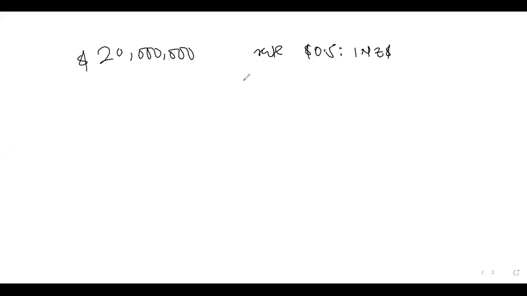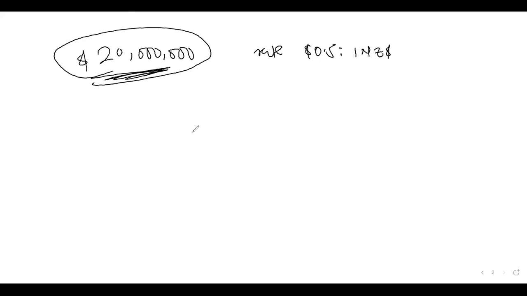We can't multiply because, listen, we have $20 million. The rate is 0.5 US dollars is to 1 New Zealand dollar. Assuming this money was in New Zealand dollars, we will just multiply, because we have 0.50 US dollars is to 1 New Zealand dollar. So how many US dollars can we get from a New Zealand dollar? That one we would have multiplied.